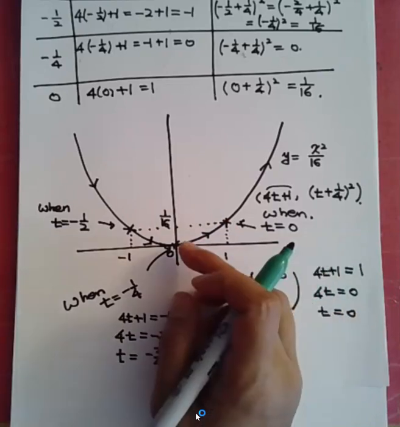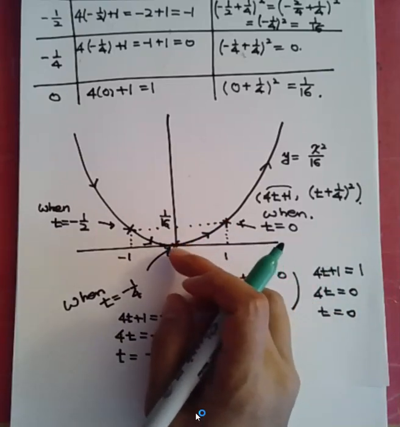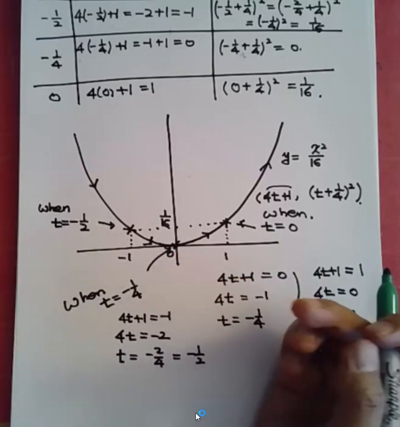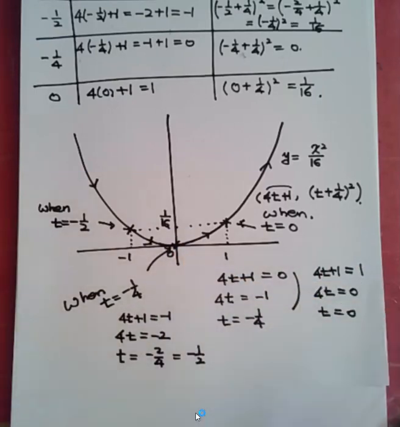And we also know that the vertex of the parabola is 0, 0. So I wanted to get the t value at those points.